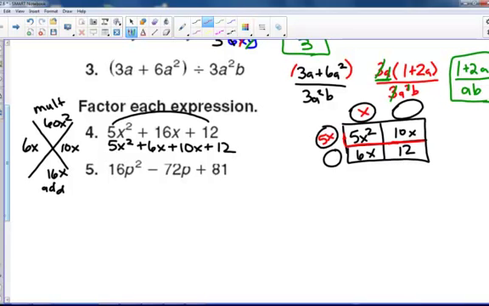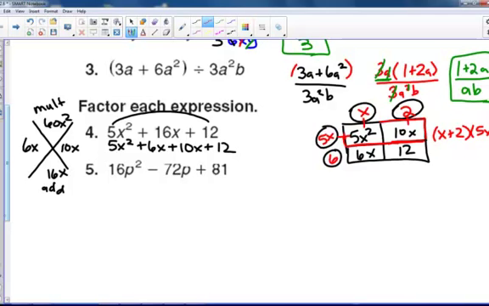So this is 10, which means this part up here would have to be 2. So now we get our 10 and our 5x squared, which means this would have to be 6, and everything works out. So our factored form is x plus 2, 5x plus 6.